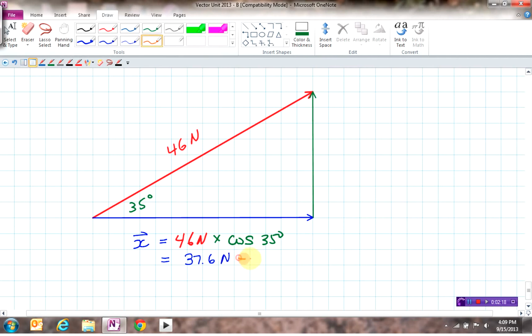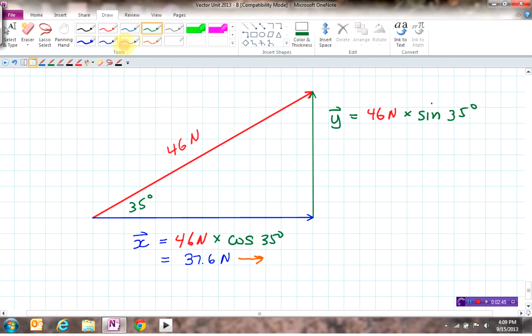Sometimes it helps to put a little arrow like that, which tells you that this vector is going in that direction x. There's actually 2 directions, x, left and right. This will tell you which way it's going. Do the same thing for the other vector. Vector y, the vertical component, will equal the 46 newtons, the hypotenuse, and we're going to multiply this by the sine of the angle 35 degrees.